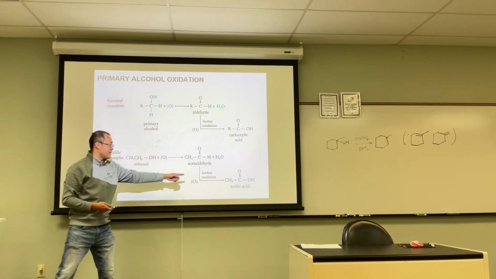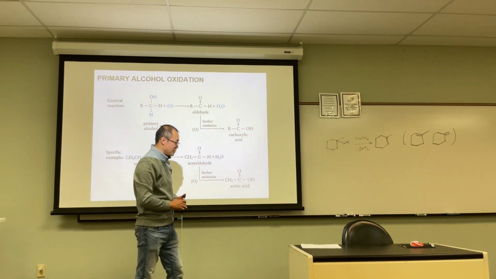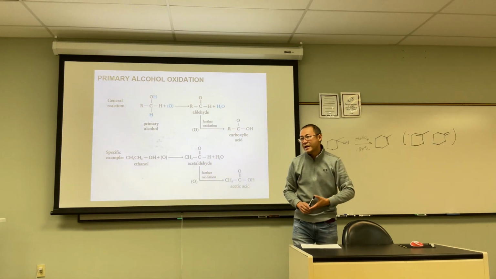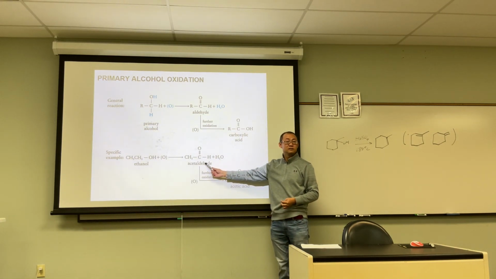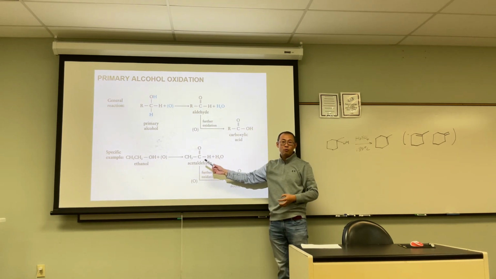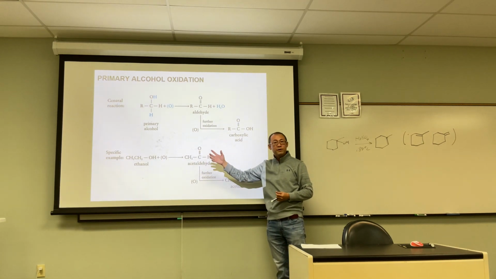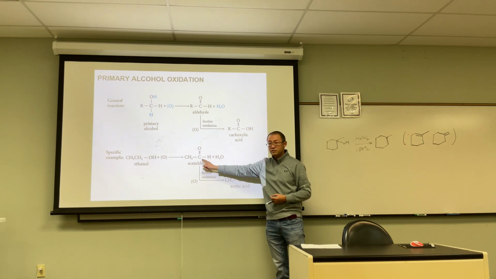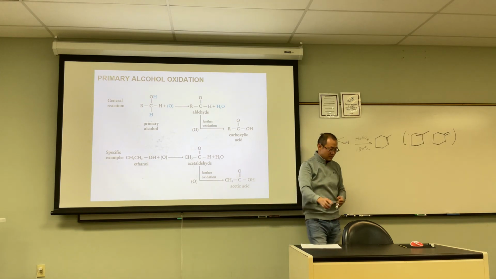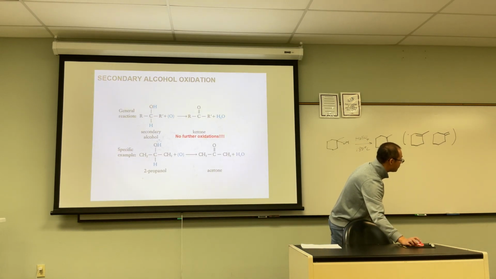This product is actually what gets rid of the alcohol from your system, and this product is toxic. That's why if it accumulates in your liver, it will damage your liver. That's why heavy drinking is not recommended, because of the potential damage to liver cells from this intermediate product. Right? That's primary alcohol.